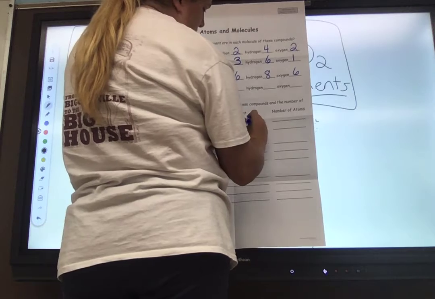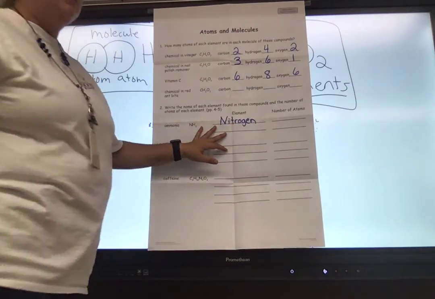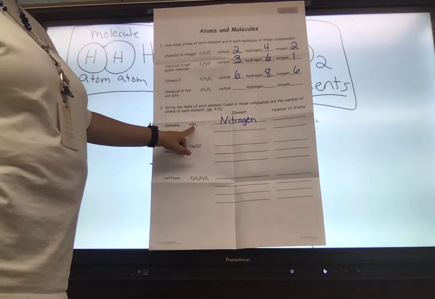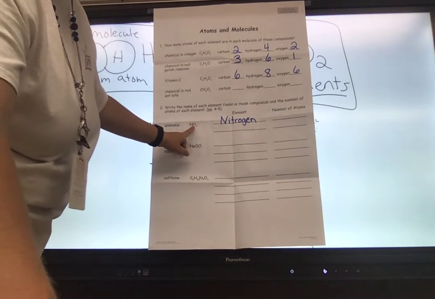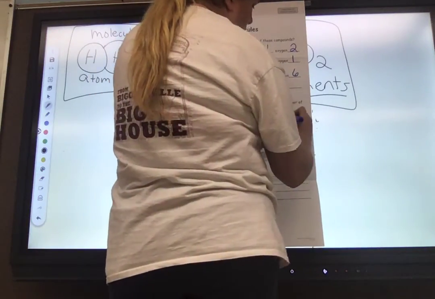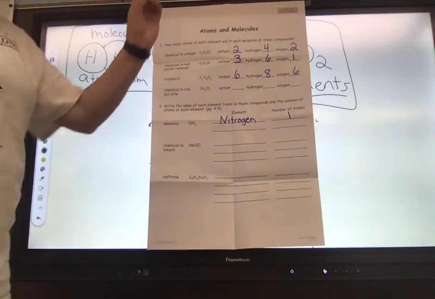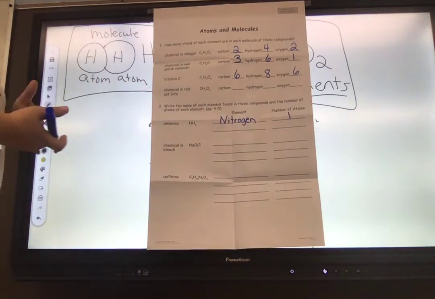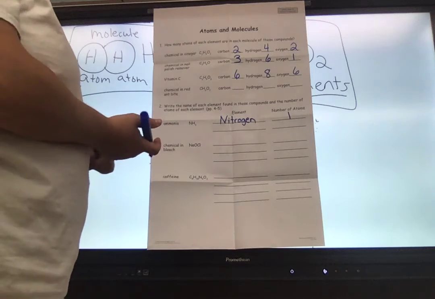You should spell your elements correctly using your periodic table. Since there's not a number behind my N, I know that means I only need 1 nitrogen. If it was 0, the N would not be there. But since I see an N, I know it's 1 nitrogen.